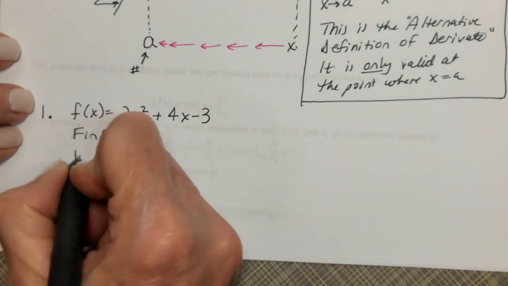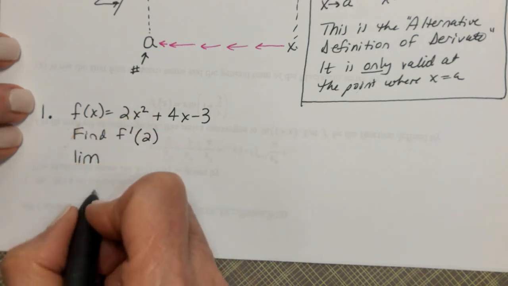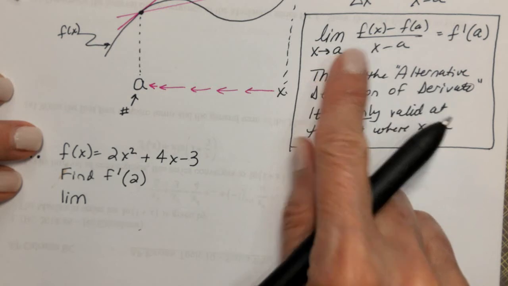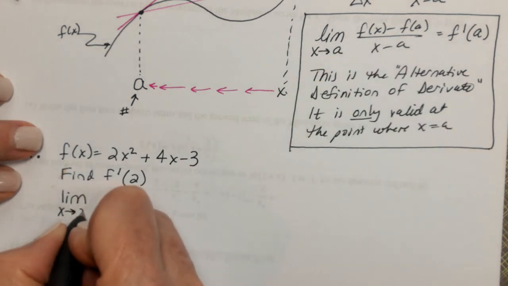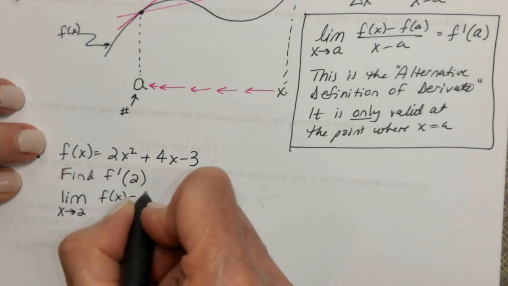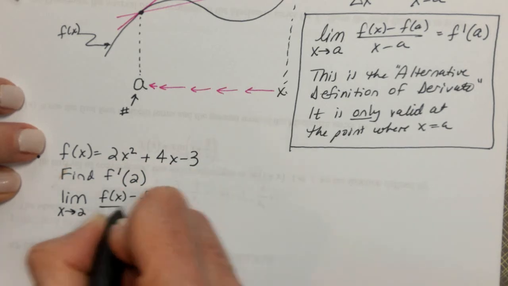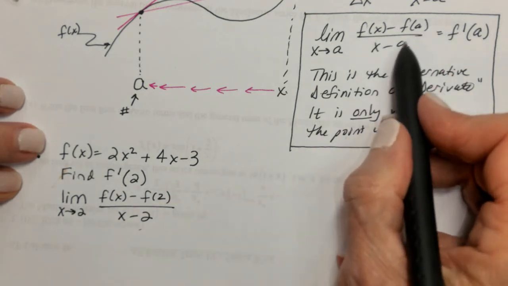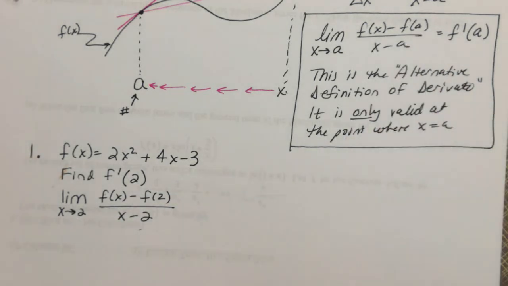So I'm going to set up the limit as x approaches 2 of f of x minus f of 2 all over x minus 2. So I'm just replacing all of the a's with 2.